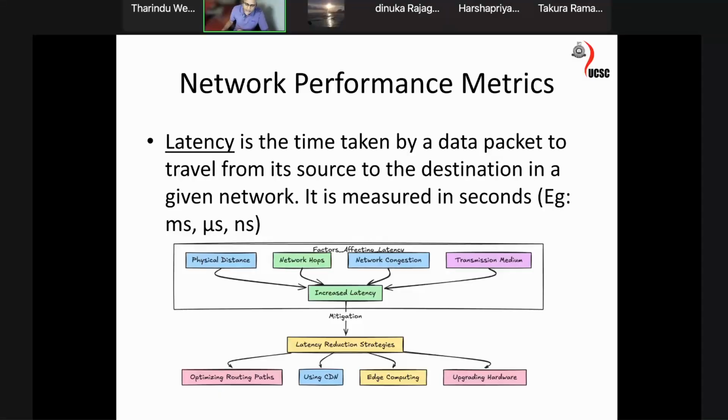Another strategy is using a content distribution network, which offers higher bandwidth and lower latency, and there are several ways to do traffic engineering with a CDN.